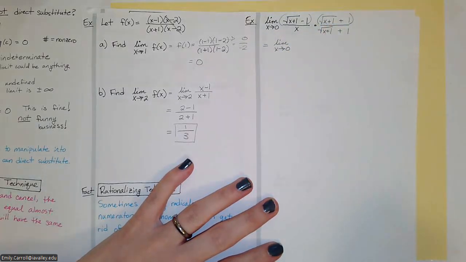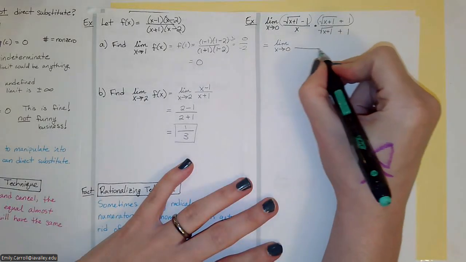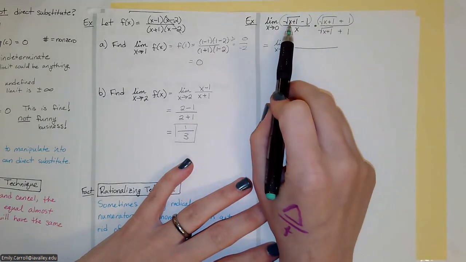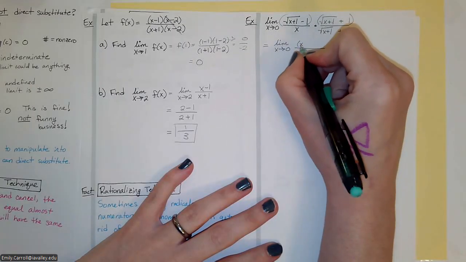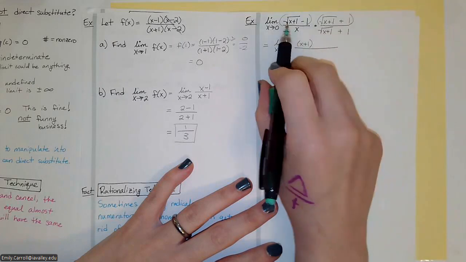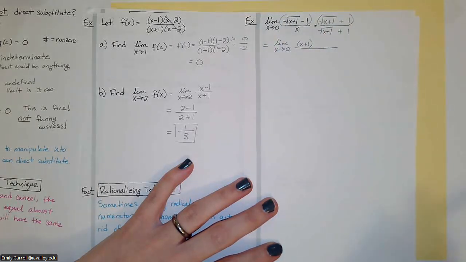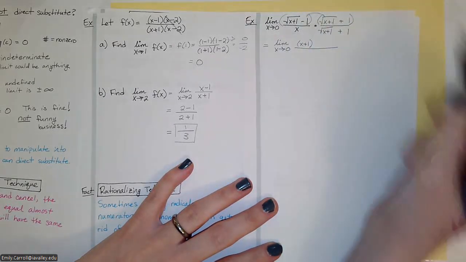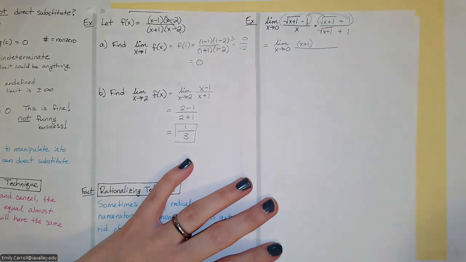As I FOIL the numerator, I have not let x go ahead and be 0, so the limit operator is going to tag along with us. Foiling is going to give me square root of x plus 1 times x plus 1 times square root of x plus 1. So that radical will come off. Then I'm going to have a minus square root and a plus square root.